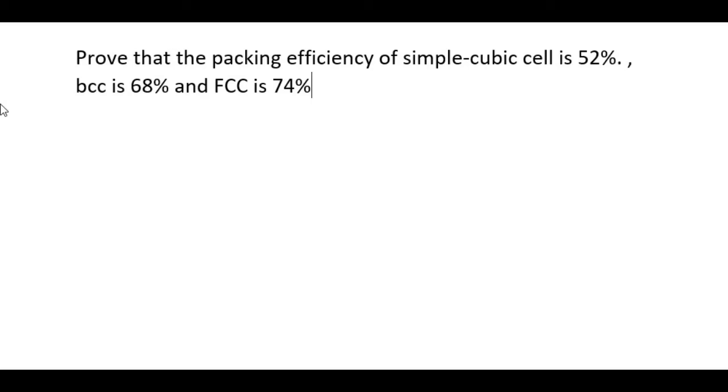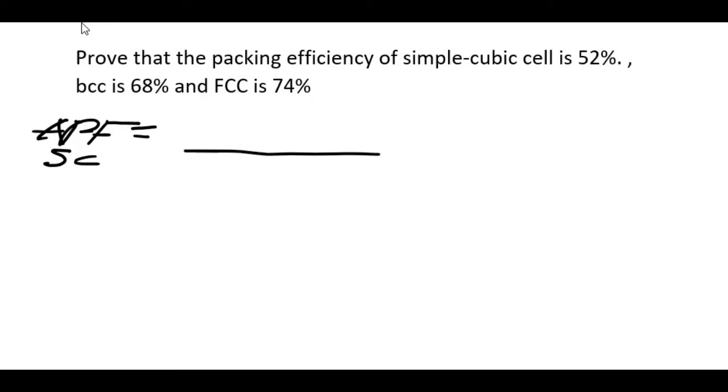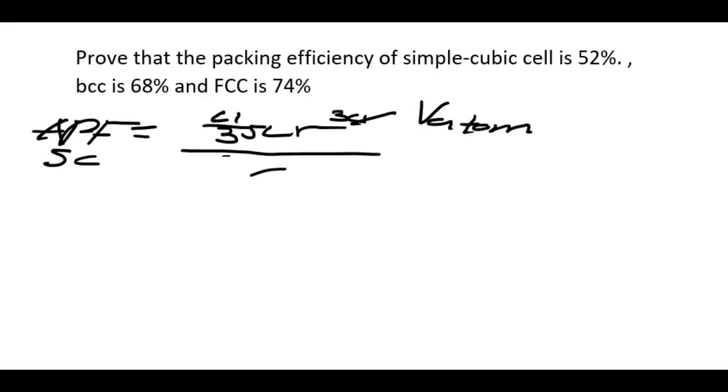Let's start. APF, atomic packaging factor. Let's start with SC first. So 4 over 3 pi r cubed. Why is this like this? This is the volume of a sphere, or the volume of the atom. There you go. Now that we have this, the volume of the cell is a cubed.